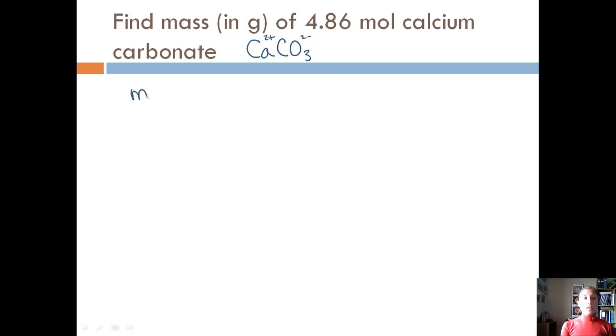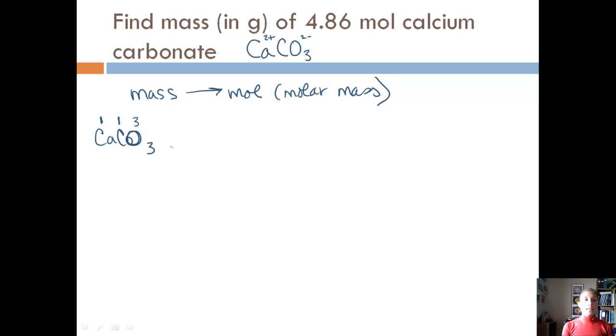So we are starting with mass, and we want to go to moles. The way that we convert between mass and moles is to use atomic mass, or in this case, because it's a compound, to use molar mass. So let's find the molar mass first, then we'll use it in our conversion. For CaCO3, we have 1 calcium, 1 carbon, and 3 oxygens.